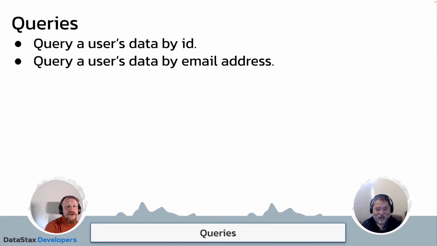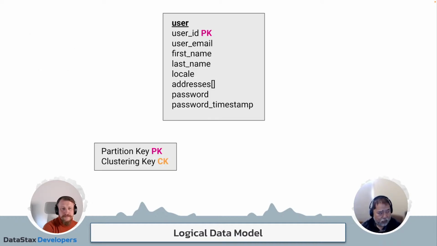Take a look at our requirements. We need to be able to find user data by user ID, and we need to find user data by email address. In non-distributed data, you could totally go with a table like this. In distributed data, it will not work.